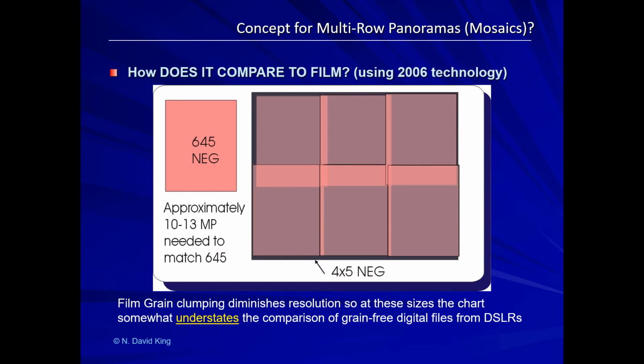And it took 6, not counting the overlap, 645 negatives to fill the same area as a 4x5. So when you think about that, we have no trouble creating an image that will blow away 4x5 negatives in terms of the detail.